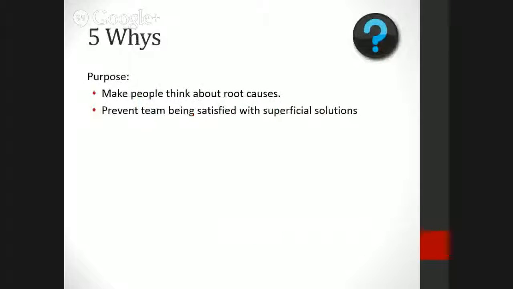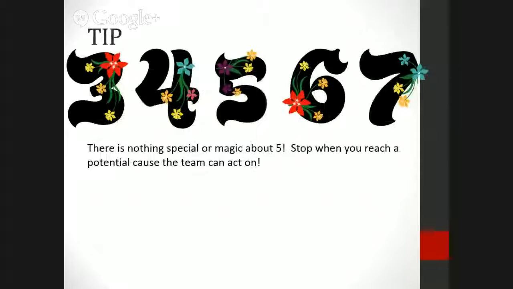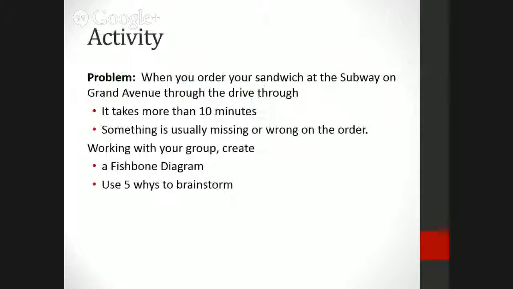So, we already talked about the 5 whys. Remember when we had that discussion? Why are you late? Why are you late? So those are the questions you have to ask yourself. So let's do a fishbone diagram.